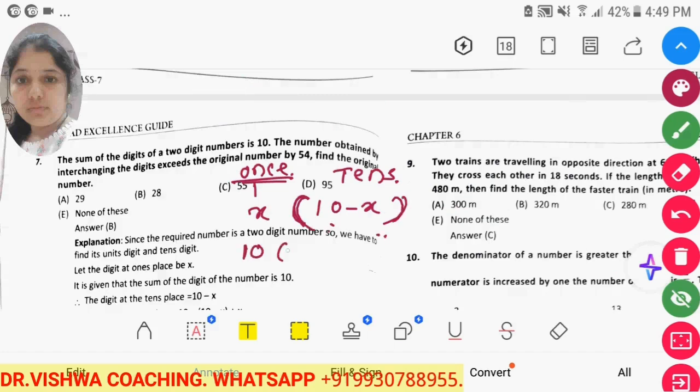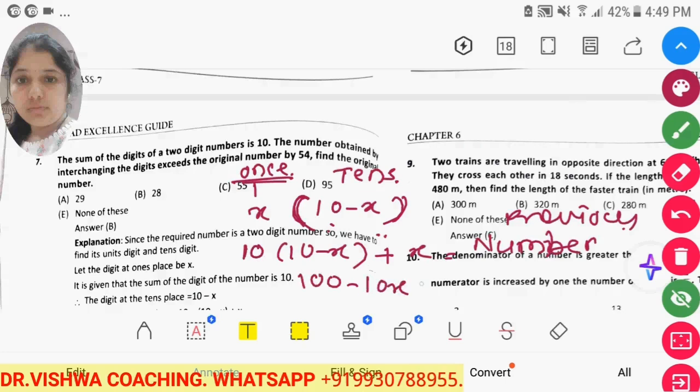So 10 into (10 minus x) plus x is the previous number. So the number is 100 minus 10x plus x, which is 100 minus 9x.